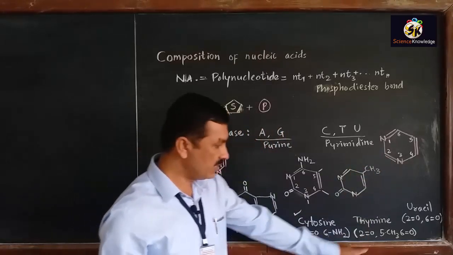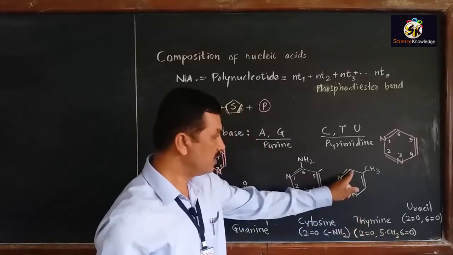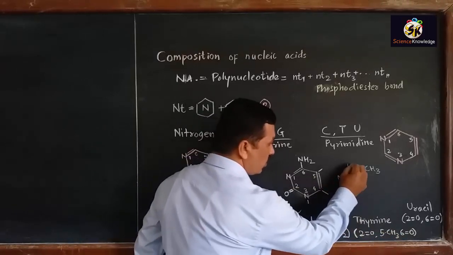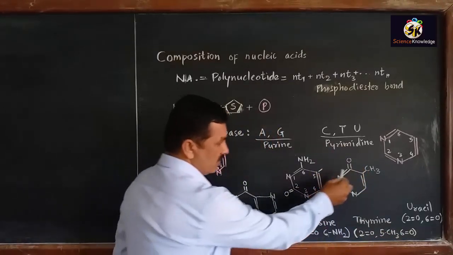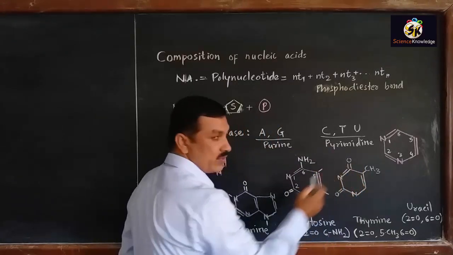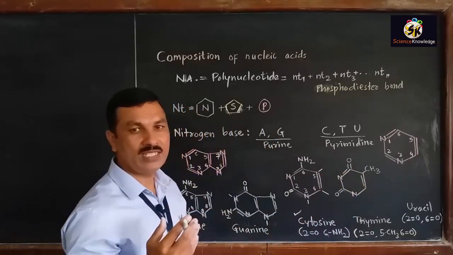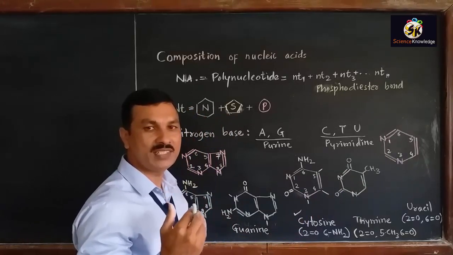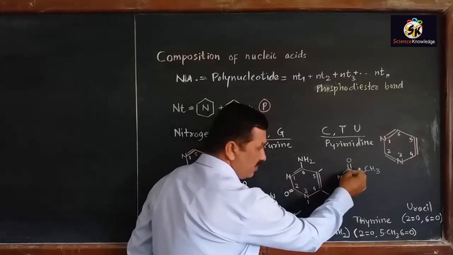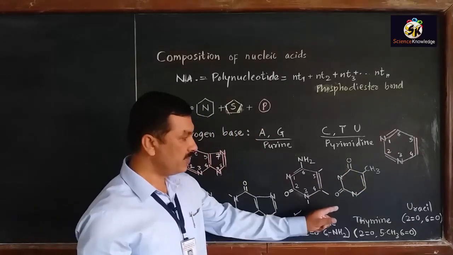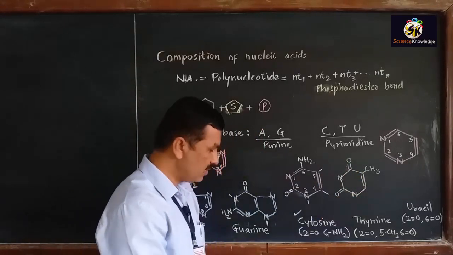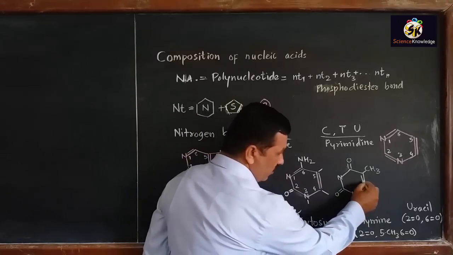And then the final one, the 6th carbon, is connected with double bond O. Again check the number of bonds, 1, 2, 3, 4, 5. So 1 extra bond is there. Which one will we omit? We will delete it from the ring structure. Now check the valency of the 4th carbon, 1, 2, 3.